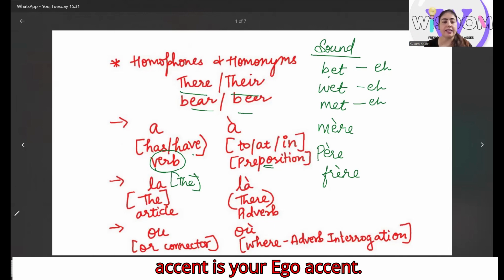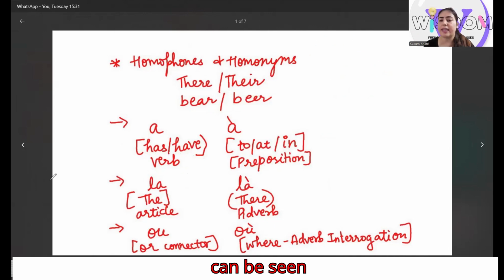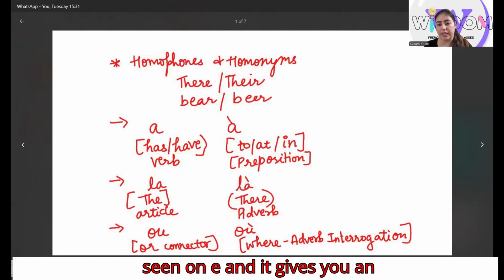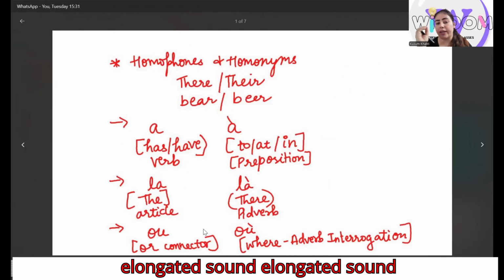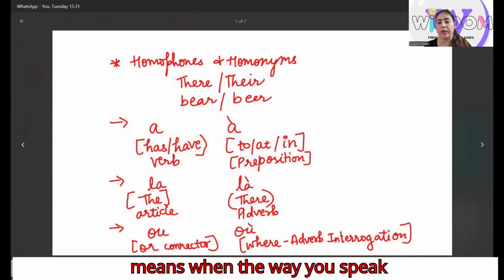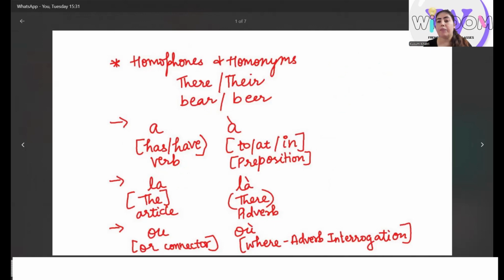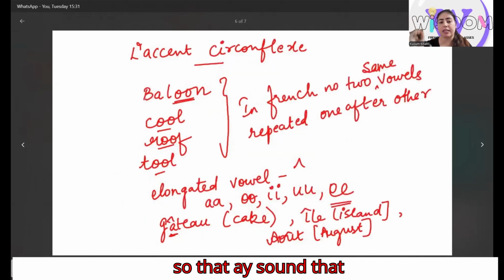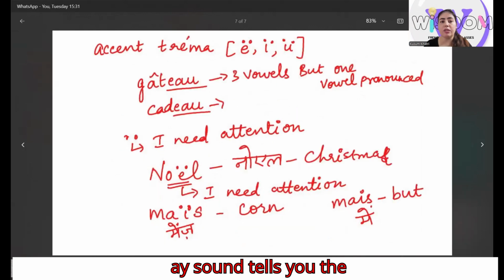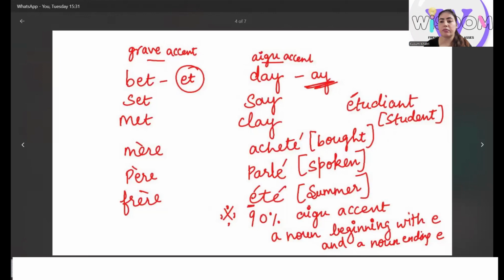The second accent is your accent aigu. Accent aigu is 99% seen on E, and it gives you an elongated sound. Elongated sound means the way you speak they, way, may. So that AY sound tells you the accent aigu sound.